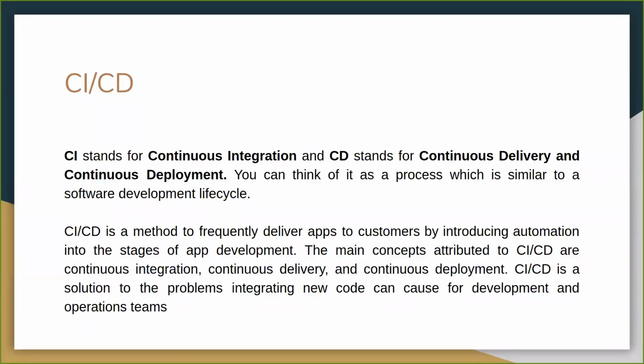The main concepts attributed to CI/CD are continuous integration, continuous delivery, and continuous deployment. CI/CD is a solution to the problems that integrating new code can cause for development and operational teams. So CI/CD is an approach which allows continuous integration of the code and continuous delivery of the code to the end users.